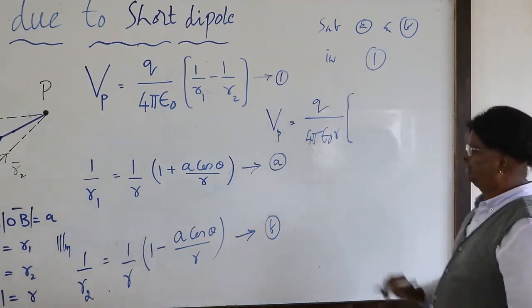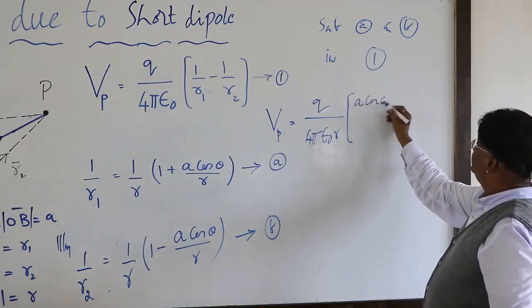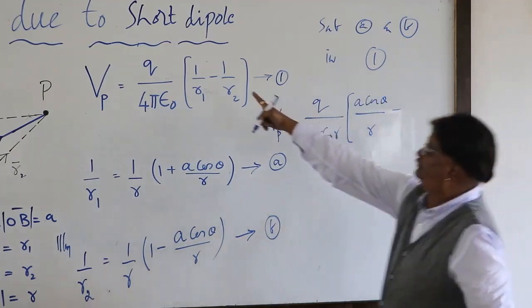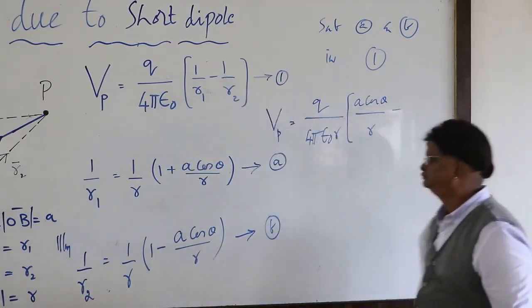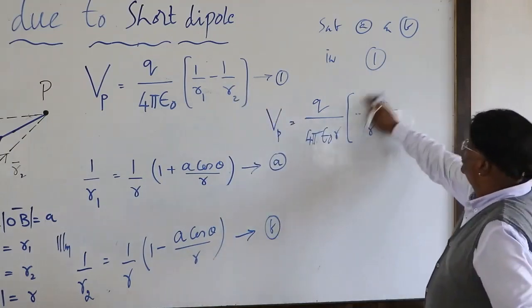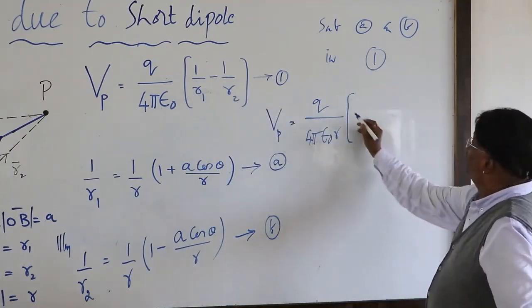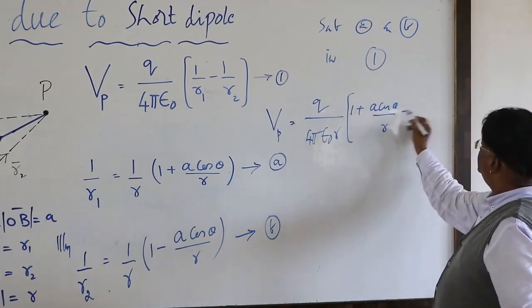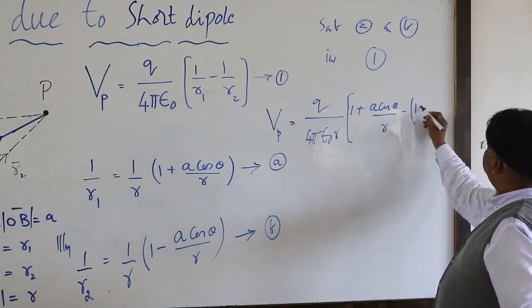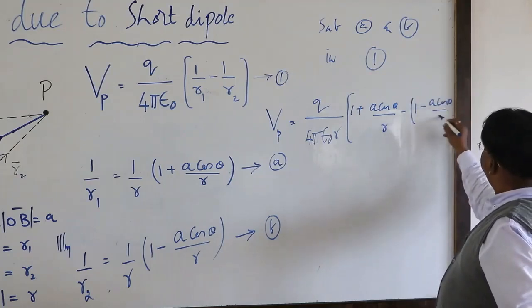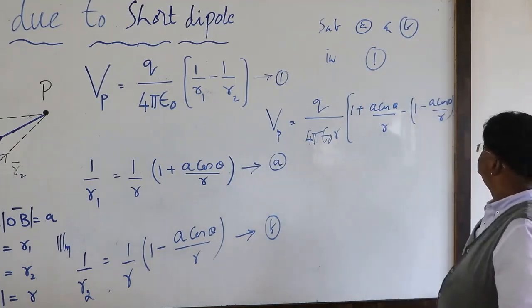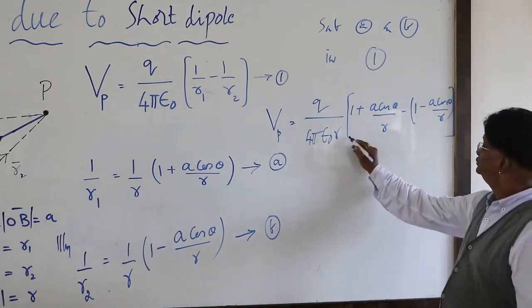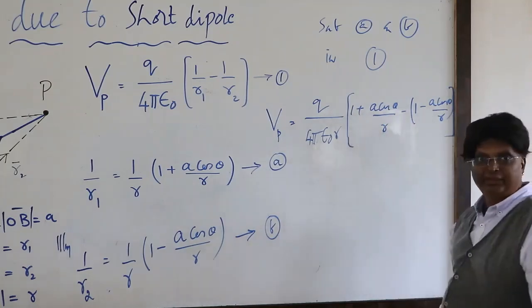Within the brackets, what do you get? 1 plus a cos theta by r minus 1 minus a cos theta by r is the bracket term, right? The 1 minus 1 gets cancelled.